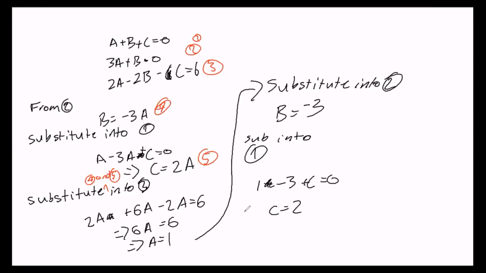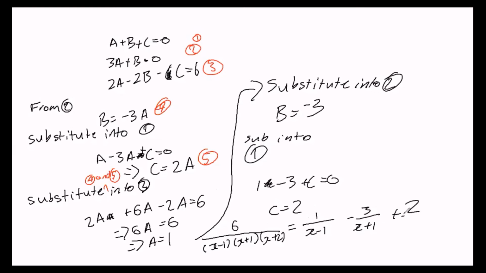So from there, I'm going to have 6 over x minus 1 bracket x plus 1 bracket x plus 2 bracket equals 1 over x minus 1 minus 3 over x plus 1 plus 2 over x plus 2. And that is much more manageable.